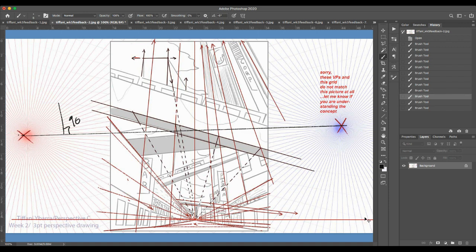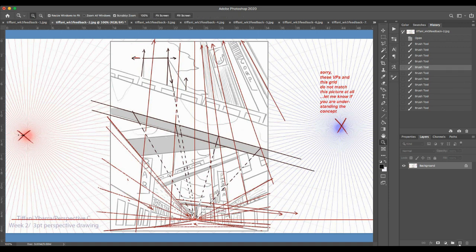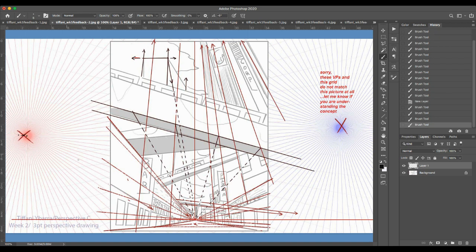So let's go back here a bit. The grid based on those two VPs would, very obviously, end up something like this. And I could take that to the third VP, although in a case like that, it would probably be to a VP which was down below.